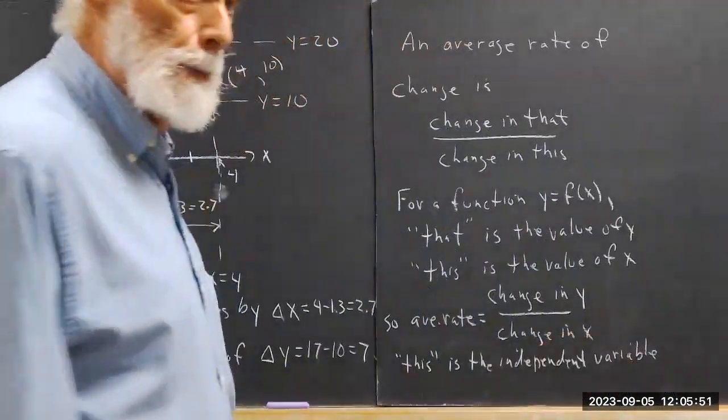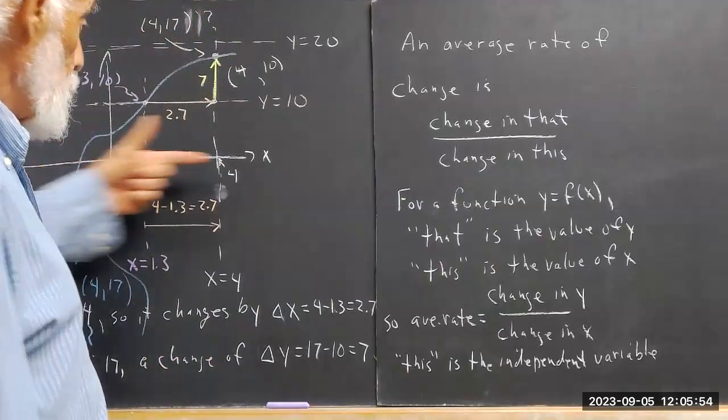This is the independent variable, and the independent variable goes on the horizontal axis.